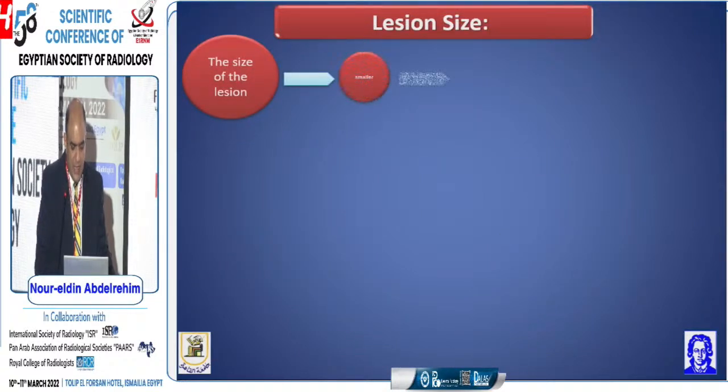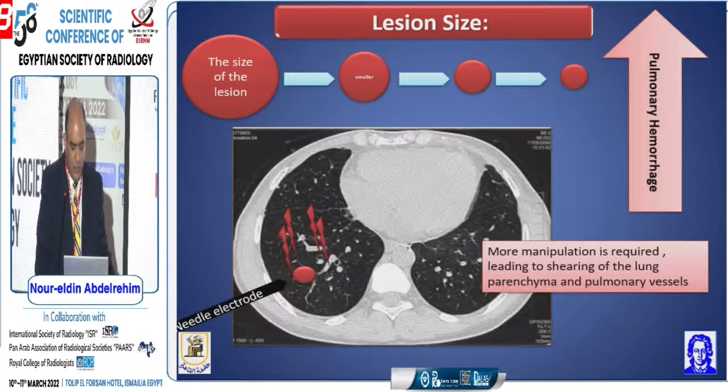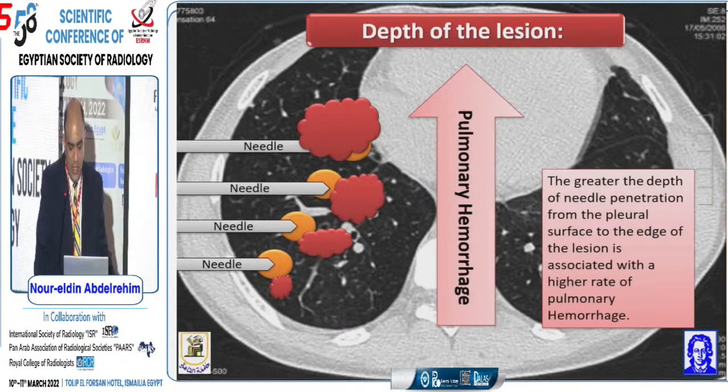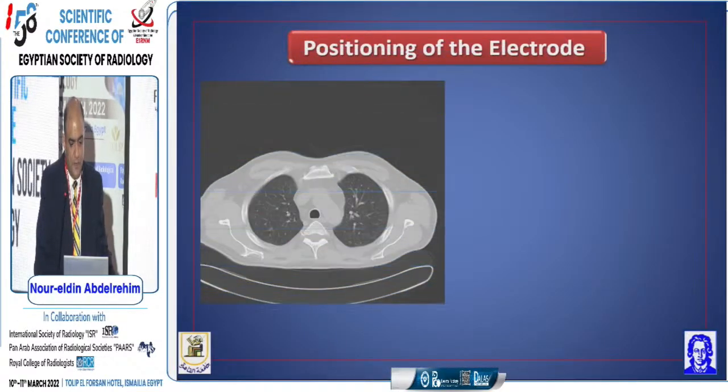The hemorrhage is associated with different factors like the size. Smaller sizes are also associated with increased risk of bleeding due to the manipulations used during the procedure, as well as deeper lesions, associated with more risk of injury of the lung parenchyma, leading to more incidence of hemorrhage.